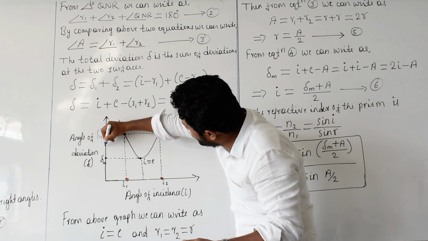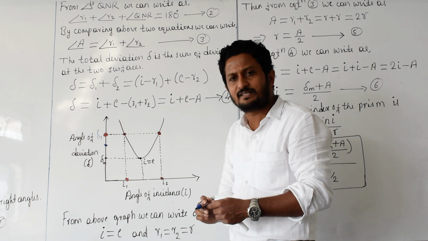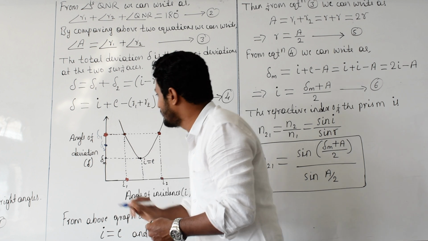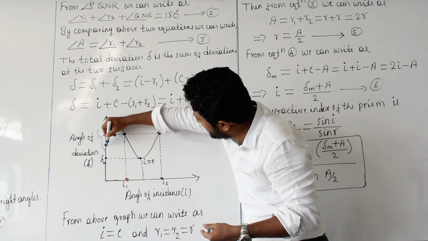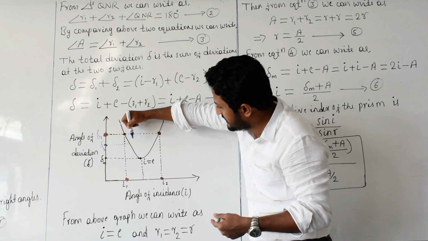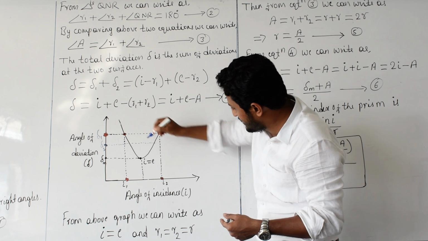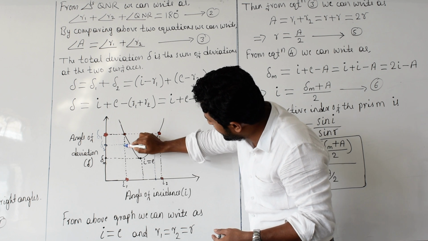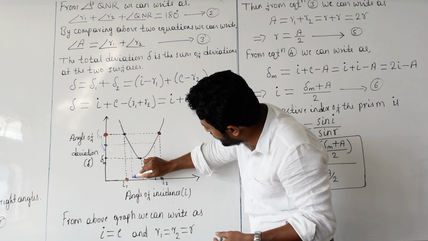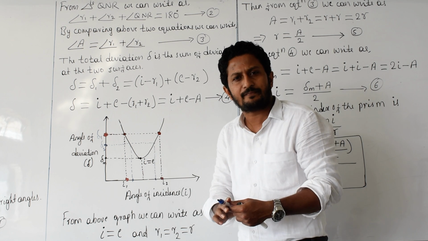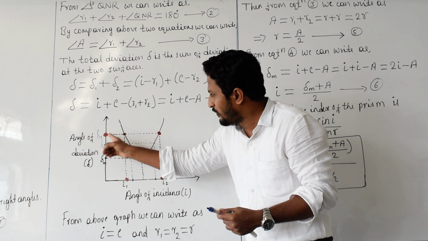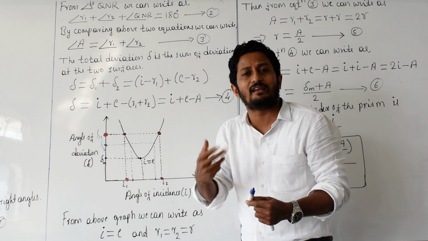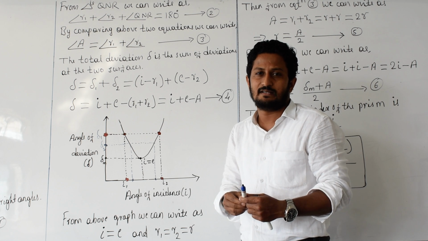For this value, if you take this deviation as delta 2, for that deviation also you will get two values, here one and here one more. Everywhere, for one angle of deviation you get two angles of incidence.